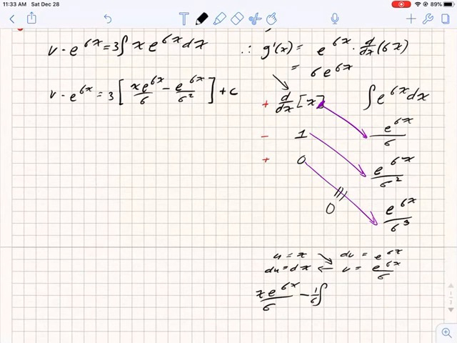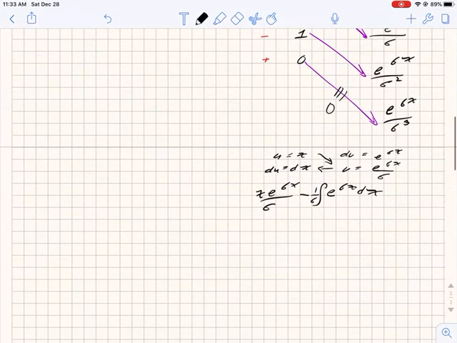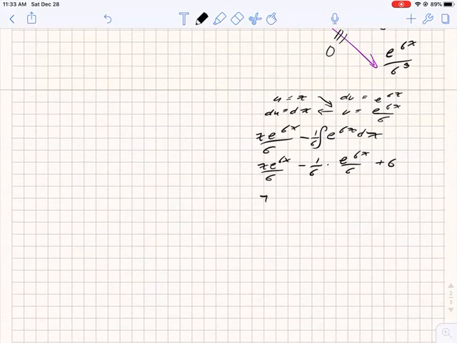So this 1/6 goes out, dx. Take the integral of e to the 6x. It's 1/6 multiplied by e to the 6x over 6 plus c. That's a minus x e to the 6x over 6. We simplify, this is x e to the 6x over 6 minus e to the 6x over 6 squared plus c.